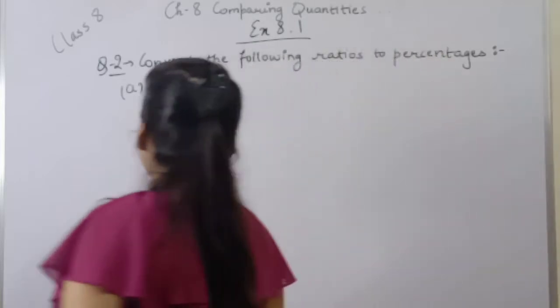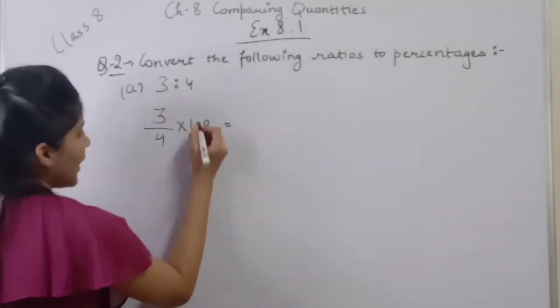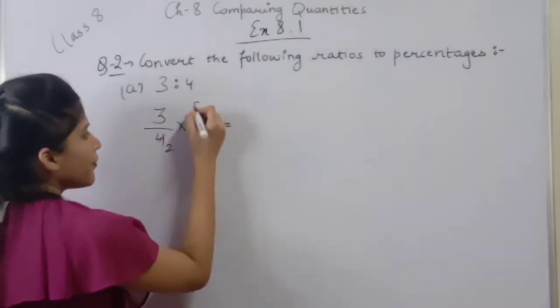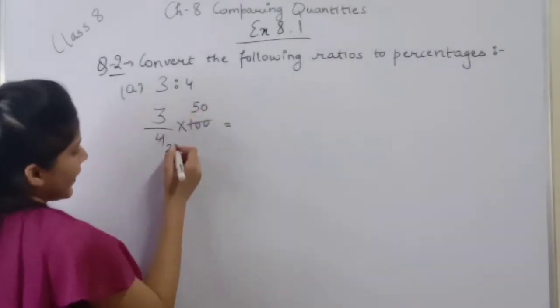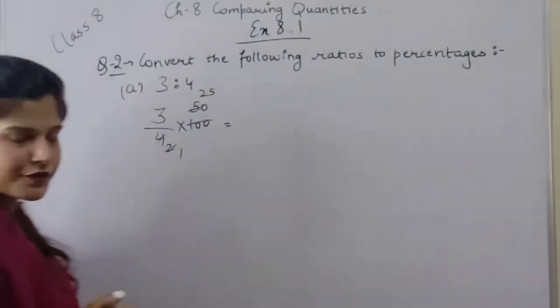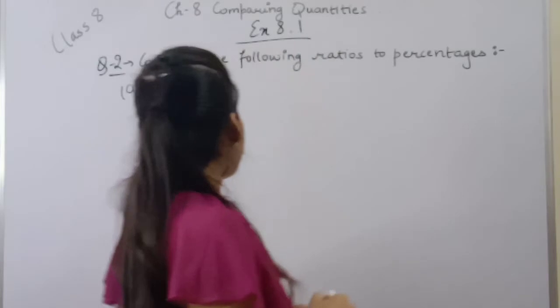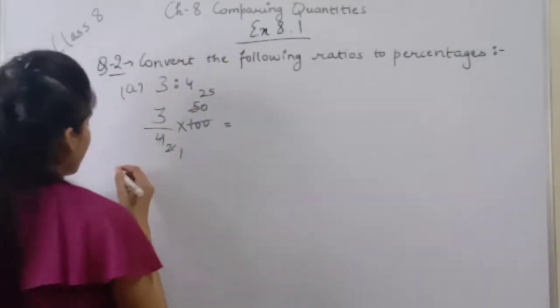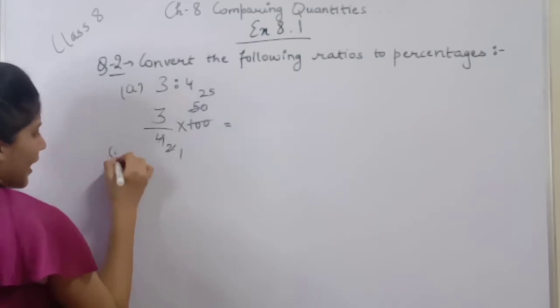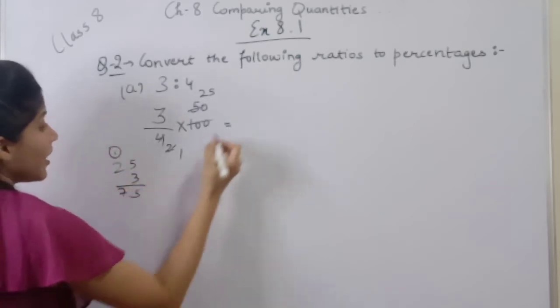How? Let's see. 4 and 100 both are even numbers, both are multiples of 2. 2 2s are 4, 2 5s are 10, 0 as it is. Again 2 1s are 2, 2 25s are 50. Okay, now 25 into 3. So 5 3s are 15, 1 carry, 3 2s are 6 plus 1 is 7.